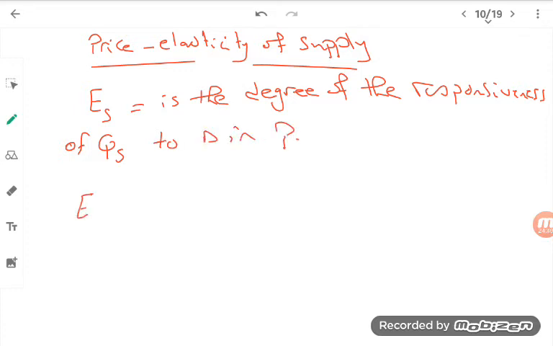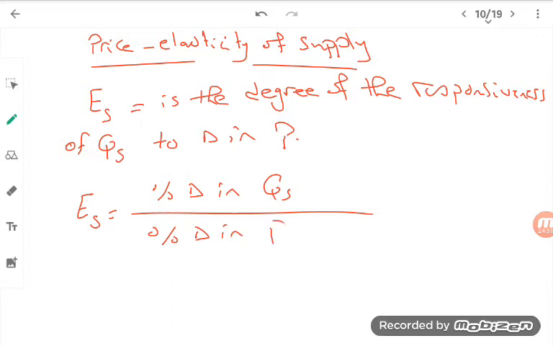It is calculated as percentage change in QS divided by percentage change in price.